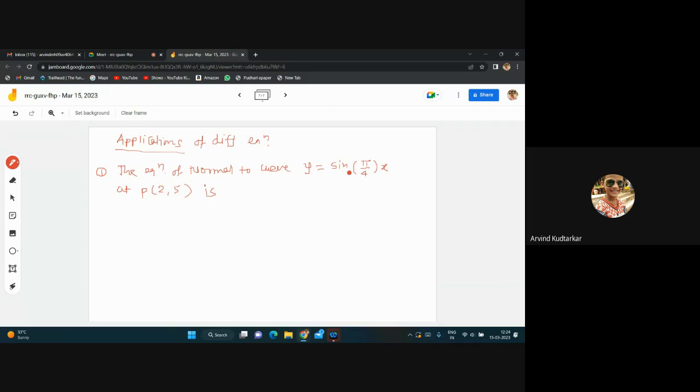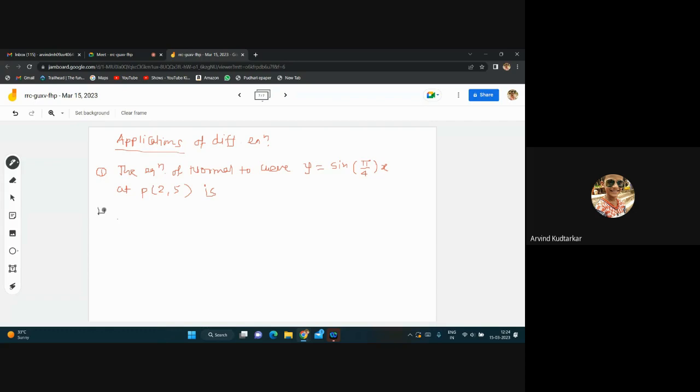So first of all, we need to find the slope of the tangent. Okay, and tangent and normal are perpendicular to each other. So we need to find the slope. So what is that slope? It is nothing but the first derivative. So let y is equal to sine of pi by 4 into x.